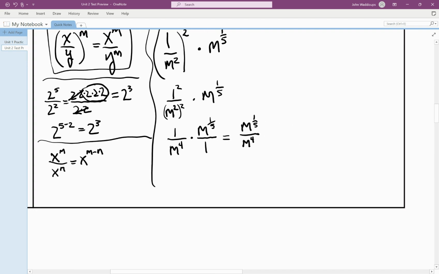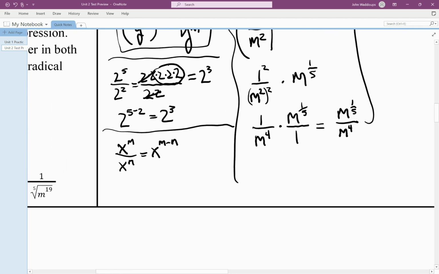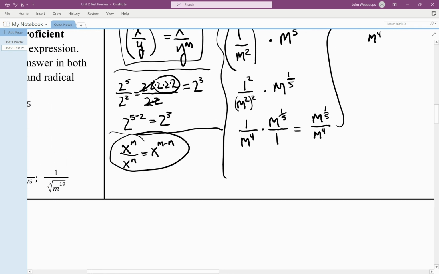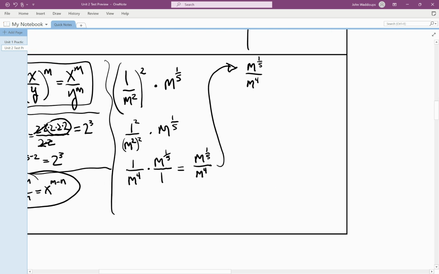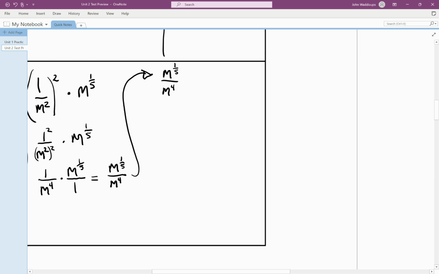So here then, I've got m to the 1/5 divided by m to the fourth. And it's always the top exponent minus the bottom exponent, so that's m minus n. Let's think about what that would look like. I've got 1/5 minus 4. I can't subtract those unless they have a common denominator. Remember that 4 is the same as 4 over 1.